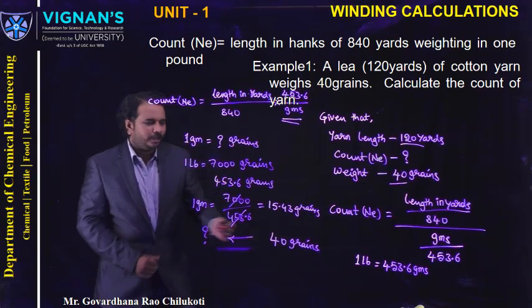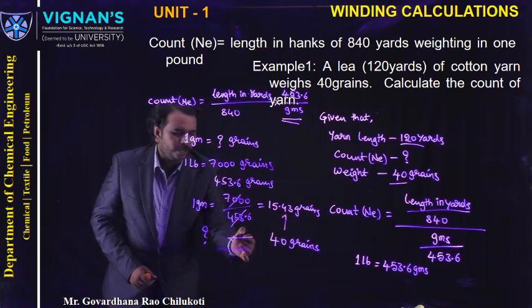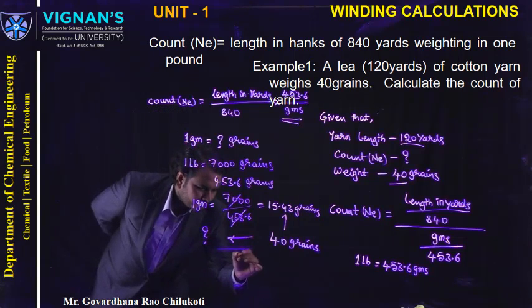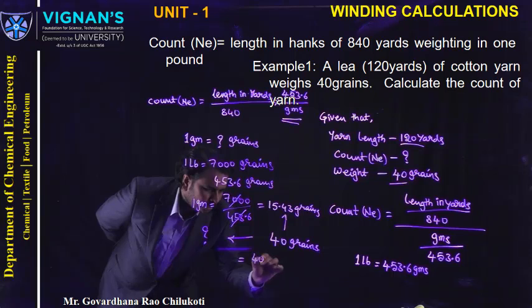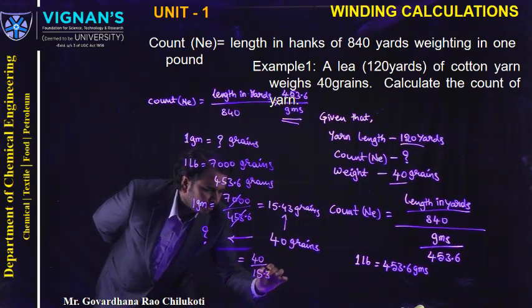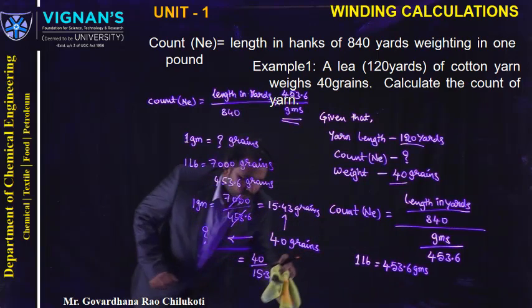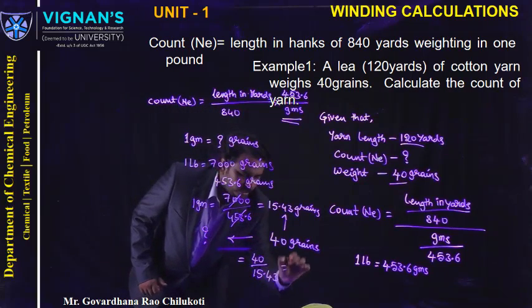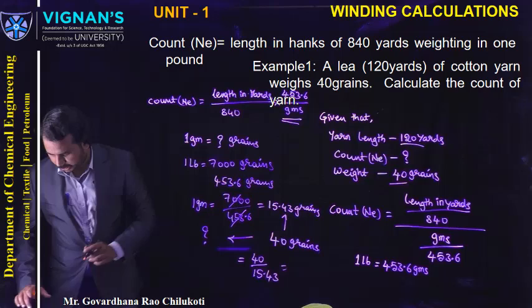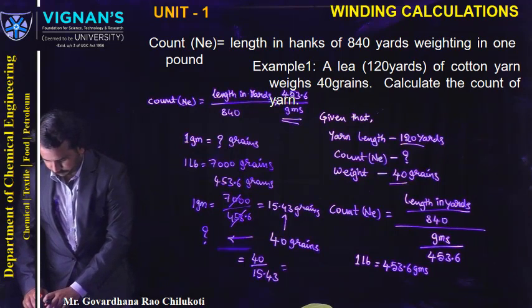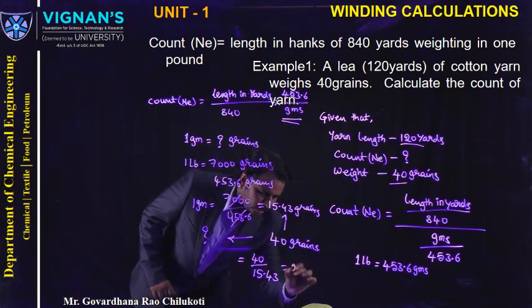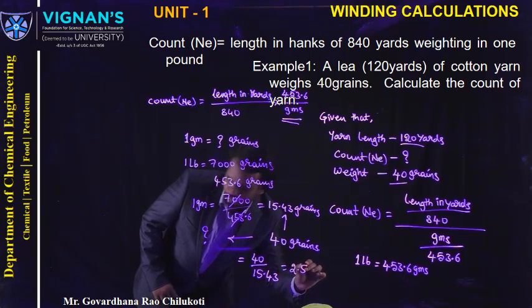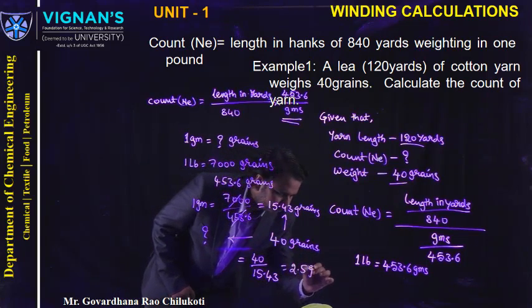You can calculate 40 divided by 15.43, which is around 2.59 grams.